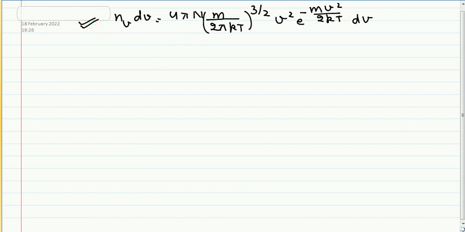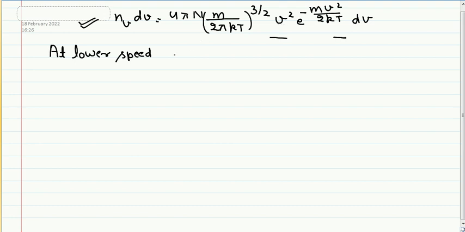So in this function we see that there are two terms containing the speed. The first term is this, the second term is this. So at lower speed, this second term will become like e to the power 0, that is 1, and therefore this term v² will be the effective term.